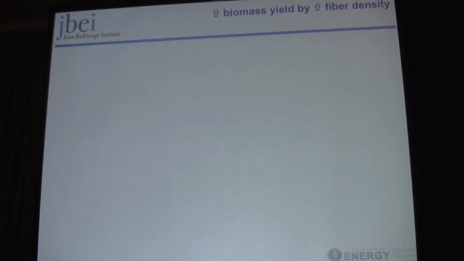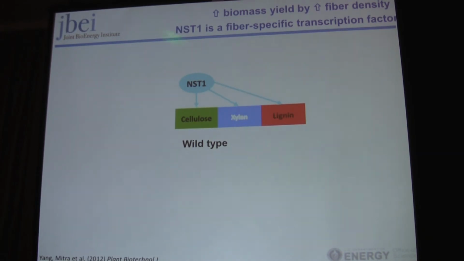And in order to do that, we're going to try to increase the fiber density inside these xylan engineered plants. So remember that NST1 is a fiber-specific transcription factor. So we made new constructs to drive the NST1 under the cellulose synthase promoter, and this creates an artificial positive feedback loop.